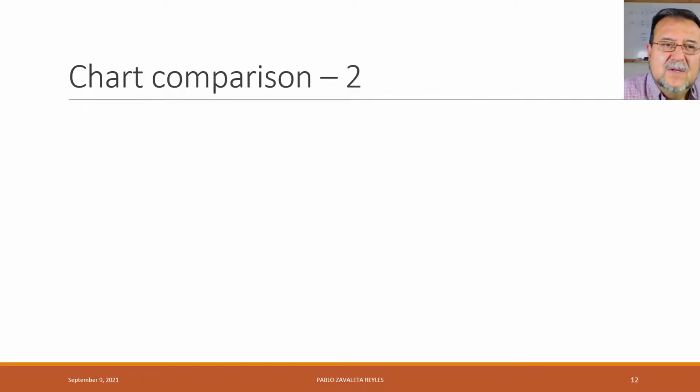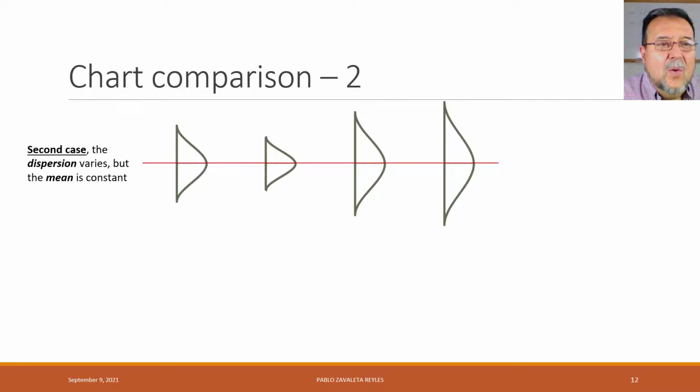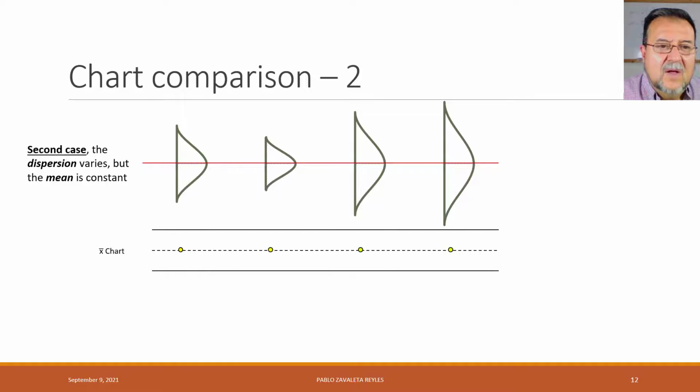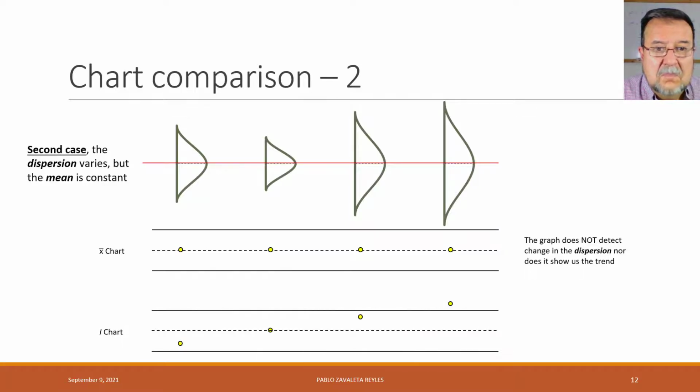Now let's go on to check it out. What happens when the dispersion varies but the mean is constant? As you can see here, the dispersion is different for each one of these 4 graphs. And the X chart would not detect it, nor will it show us the trend.